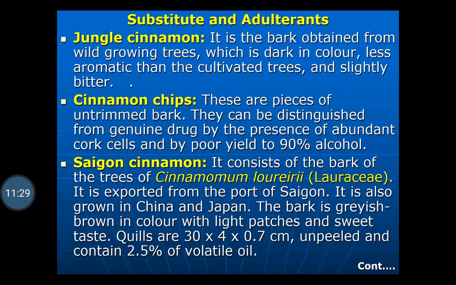The bark is greyish brown in color with light patches and a sweet taste. Quills are 30 by 4 by 0.7 centimeter, that is 30 centimeter long, 4 centimeter in diameter and 0.7 centimeter in thickness. They are unpeeled and contain 2.5% of the volatile oil.